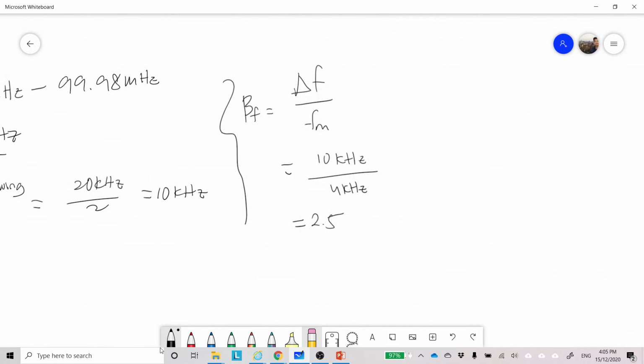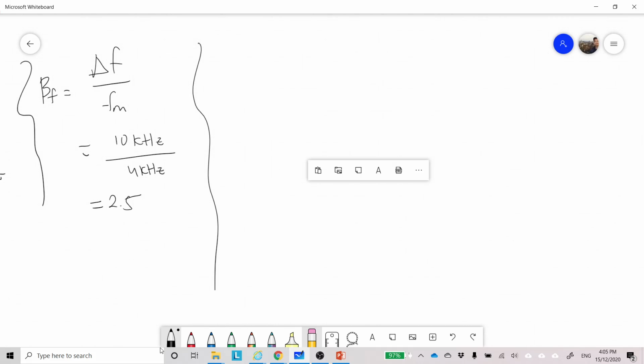Again, it asks for the amplitude spectrum. You have to draw the amplitude spectrum. In order to find it, you have to refer to the Bessel table. With 2.5 you're going to get up to 5 significant sidebands based on the Bessel table.